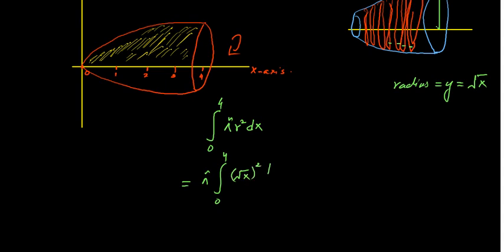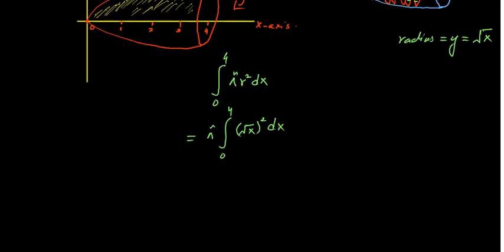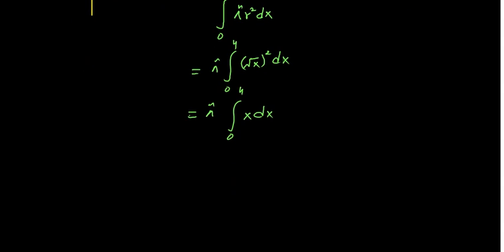Now we will apply the simple rules of integration, that is equal to pi, bounded from 0 to 4, x dx. So now you can integrate that one, that is equal to pi times x square over 2 from 0 to 4.